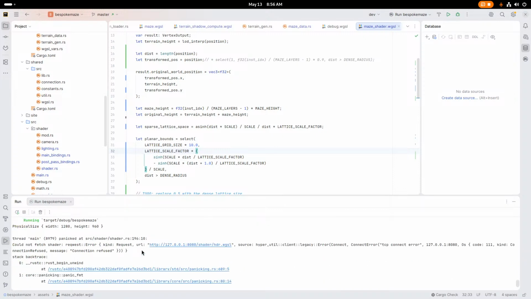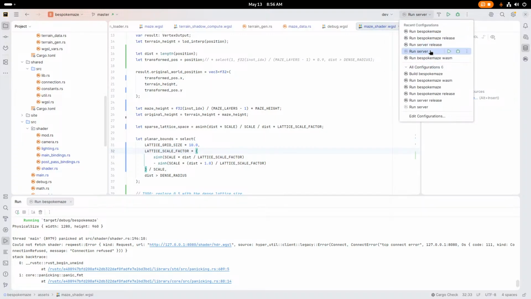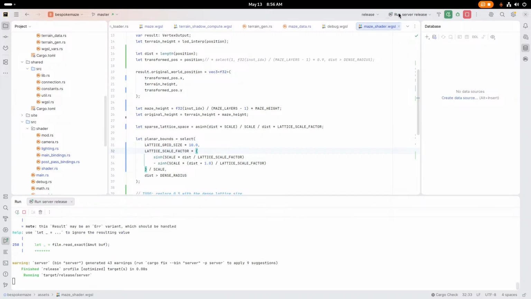Alright, what's the issue? Oh, right. I want to run server release, yeah. It's just so much faster.